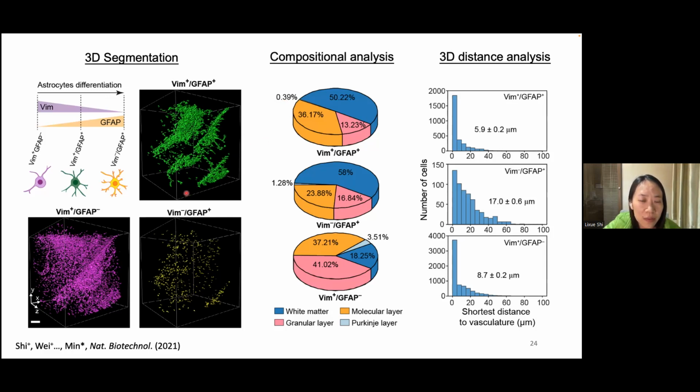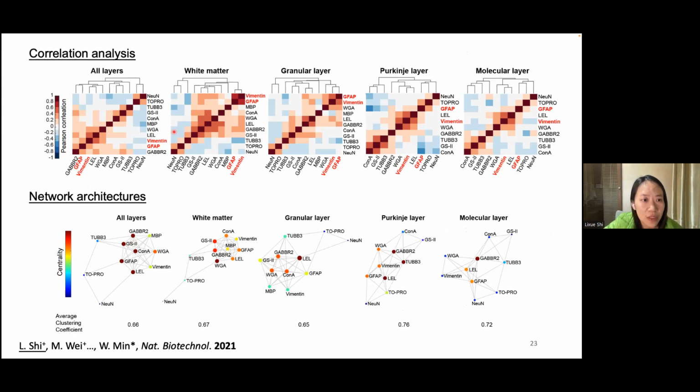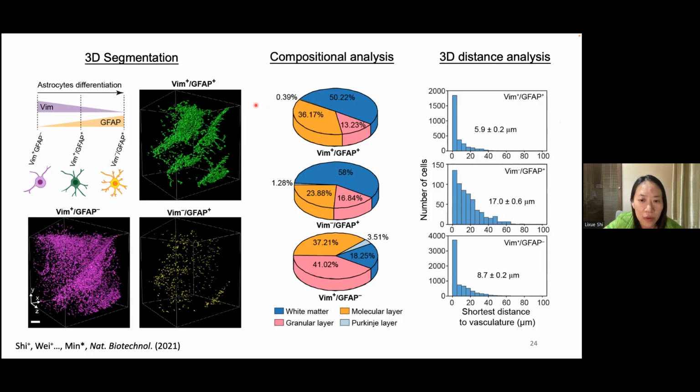In the previous Pearson correlation analysis, we noticed strong correlation between vimentin and GFAP. Actually, GFAP and vimentin are two major intermediate filaments for astrocytes. So to study the spatial features of vimentin-GFAP correlation, we further segmented our data set into vimentin plus GFAP plus, vimentin plus GFAP minus, and vimentin minus GFAP plus cells in 3D space and performed a cell compositional analysis.